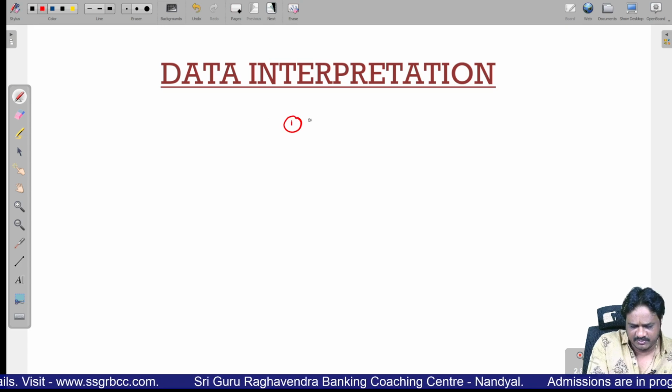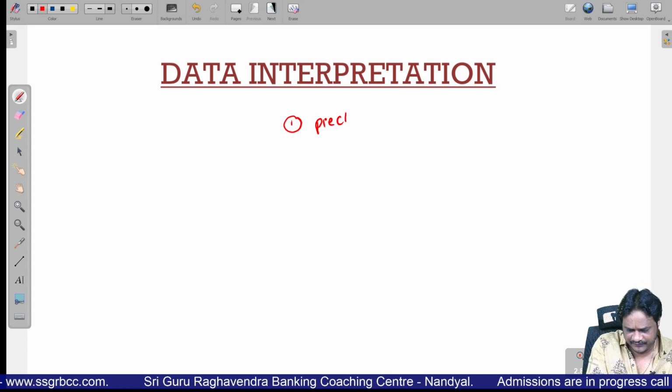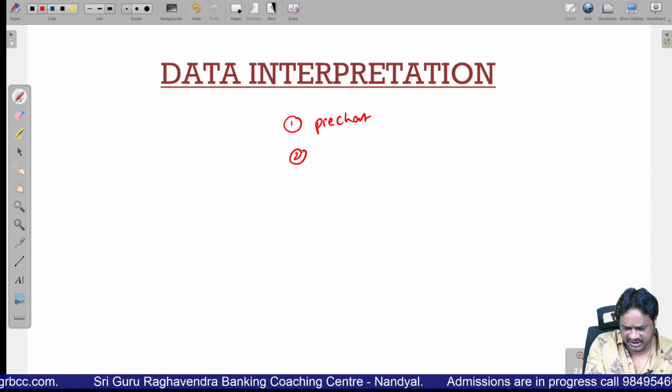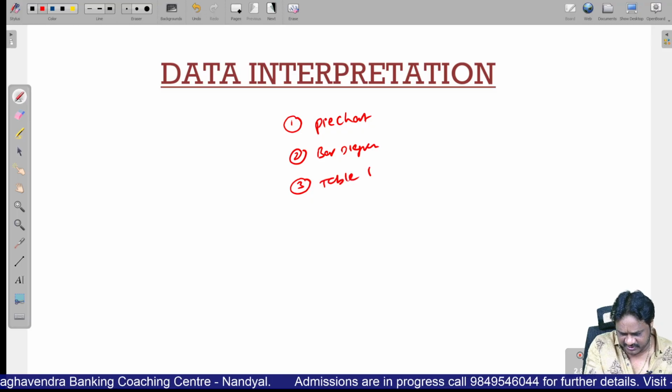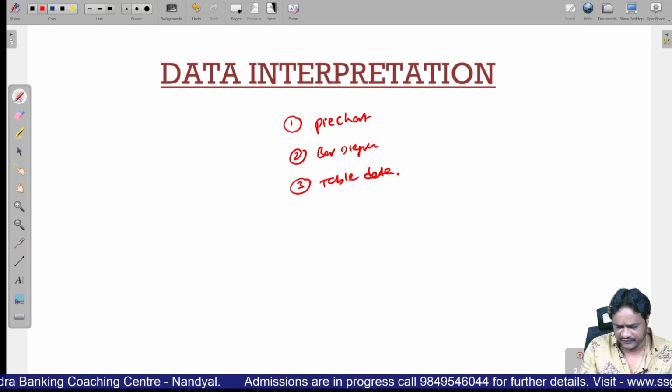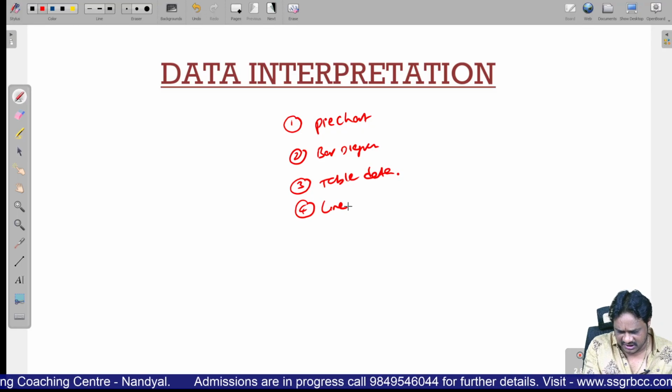There are so many types of data interpretation problems. One is the pie chart. Second is the bar diagram. Third is the table data. Fourth is the line graph.